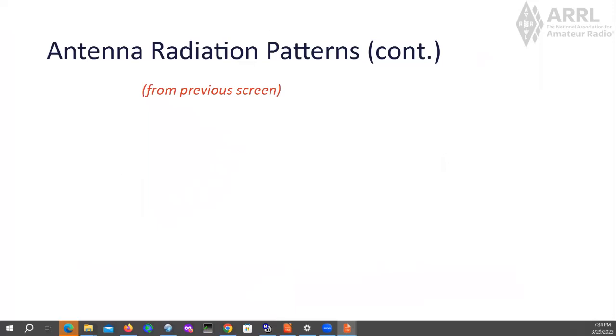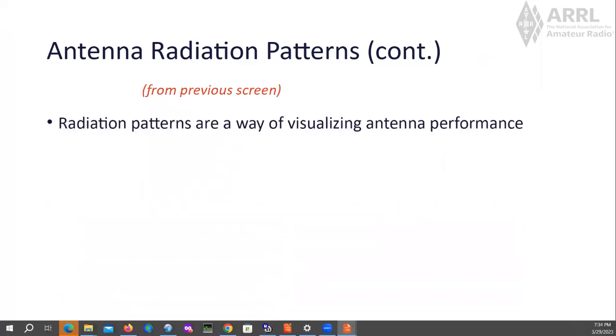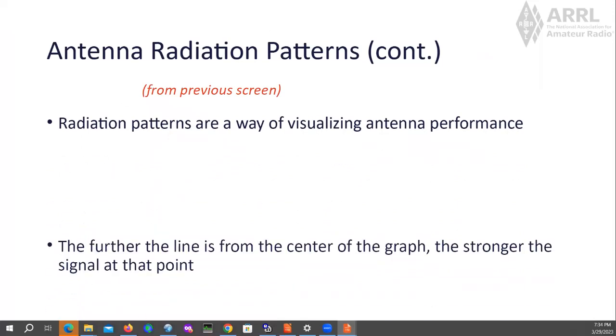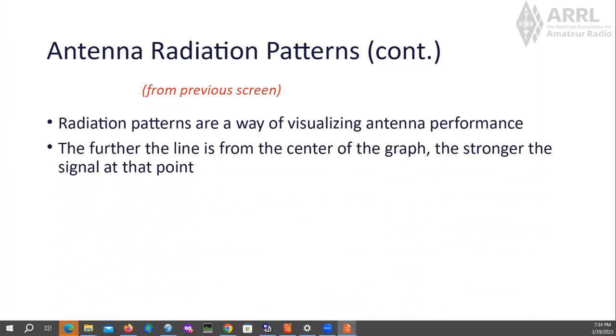Antenna radiation patterns. Radiation patterns are a way of visualizing antenna performance. The further the line is from the center of the graph, the stronger the signal at that point.